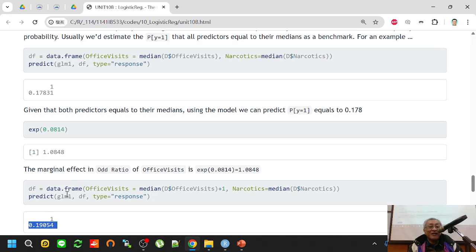You see the difference between these two probabilities, and then you can see the marginal effect. In other words, you cannot know the increment of probability by the coefficient itself.